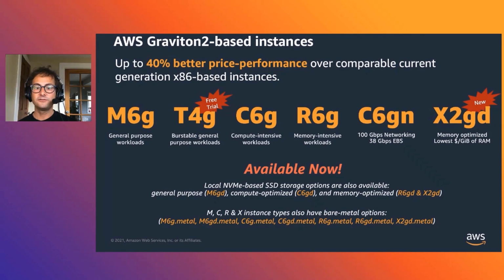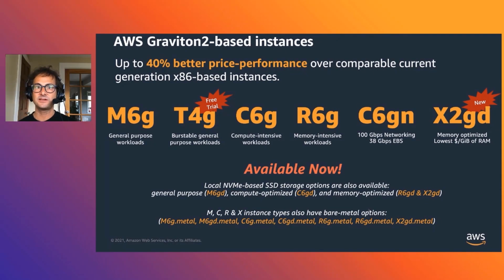They are all available right now, and for M6G, C6G, and R6G, there are variants with local SSDs that you can utilize. And for most of those instances, except the T4G and the C6GN, there are also metal versions of those instances.